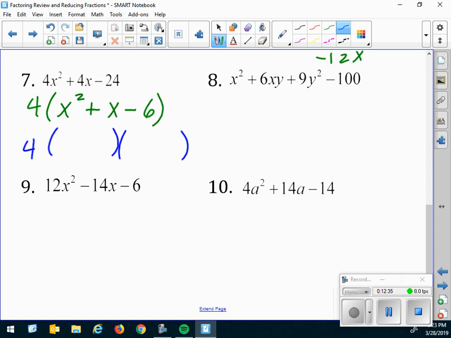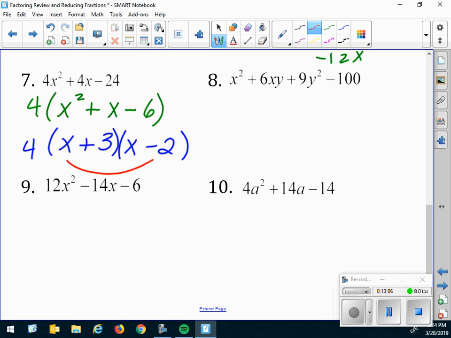Okay, help me out. X's. Where are your signs going to be? Okay, plus and minus. So plus what? Any idea? Plus 3 minus 2.